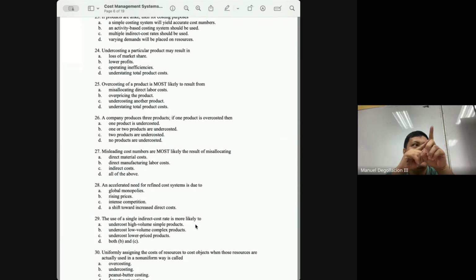Unlike if they were properly costed, then the proper margin for both products would be considered in your computation of your profit. But also, the opposite could also be true.